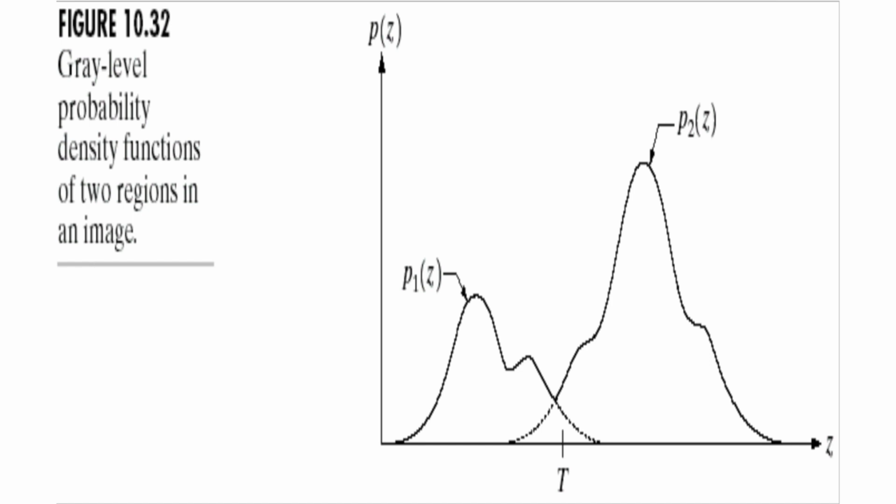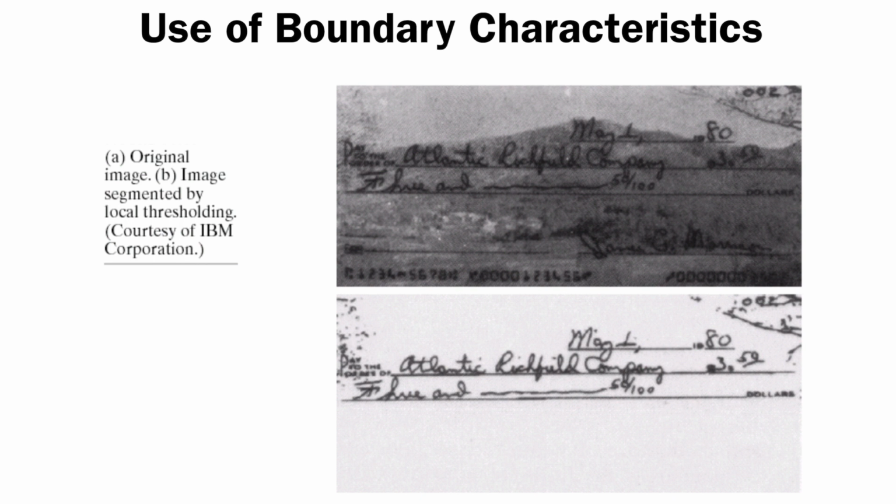So the threshold value decides which pixels are for the background and which pixels are for the foreground process. In this blurred picture, we cannot find what is foreground and background.